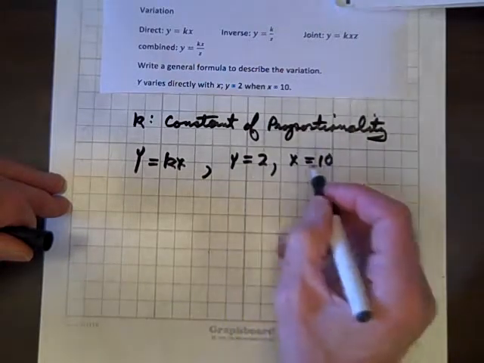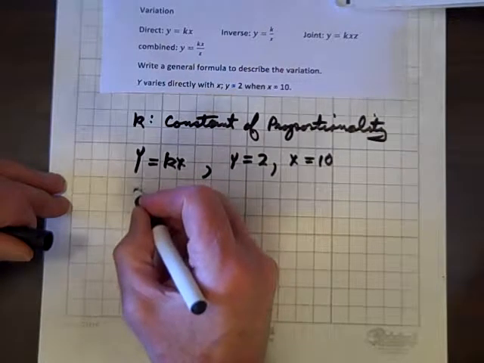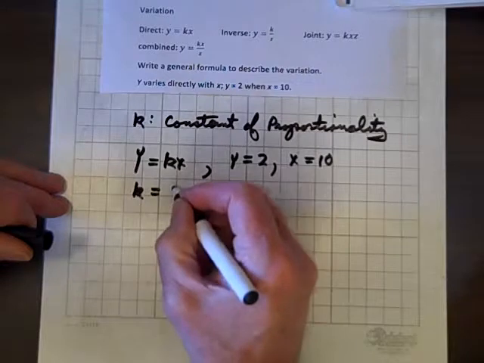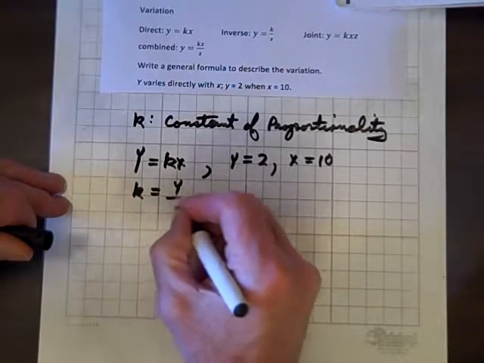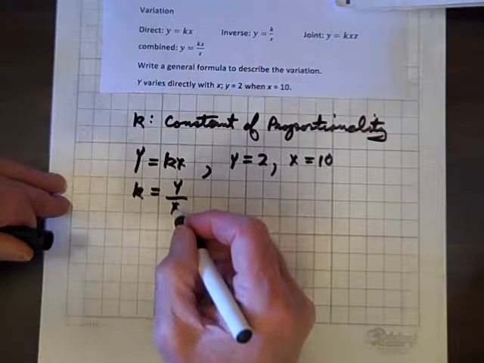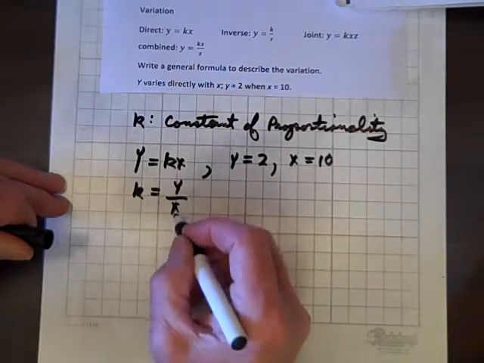And with those two values, let's take our original equation and solve for k. If we solve for k, we'll divide through by x, and now k equals y over x.